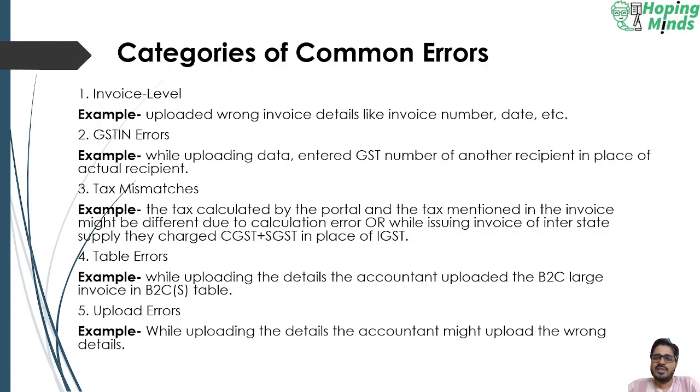Then there could be errors like declaring the debit notes or credit notes in another table rather than the table specifically designed for declaring debit notes or credit notes, that is table 9A. Such errors could also be rectified in the subsequent period return by amending the records.